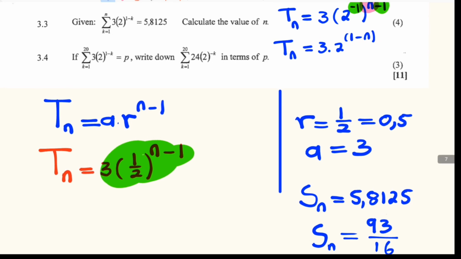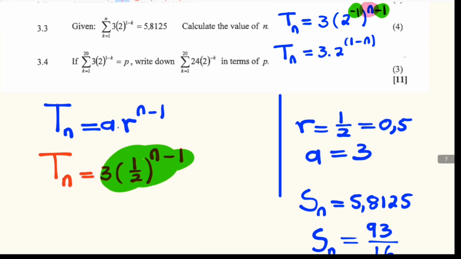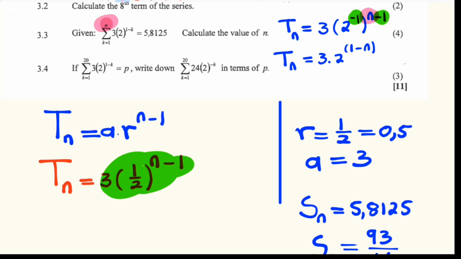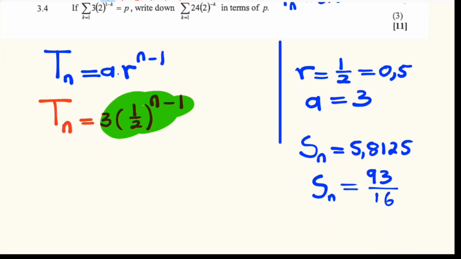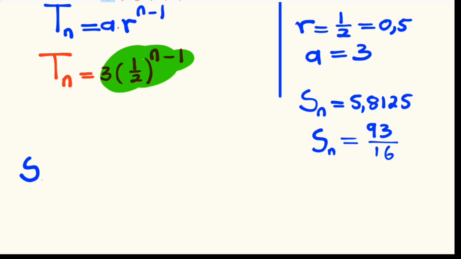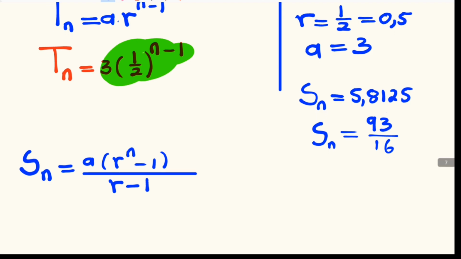And we are to calculate the value of the n of this geometric series. And for a geometric series, we have the formula from the formula sheet as Sn is equal to a multiplied by r raised to the power n minus 1 divided by r minus 1.